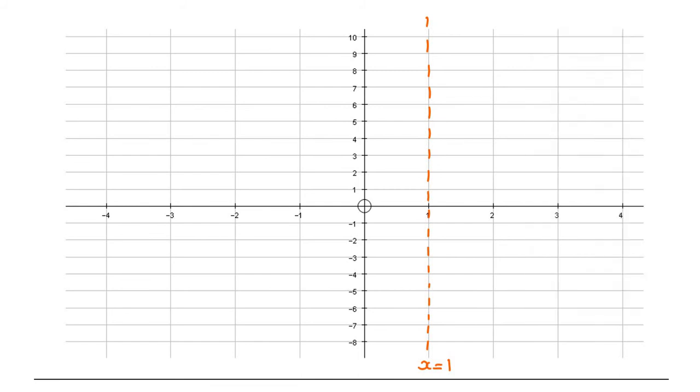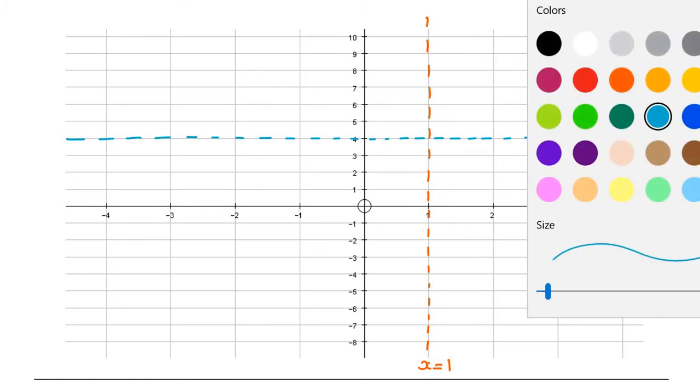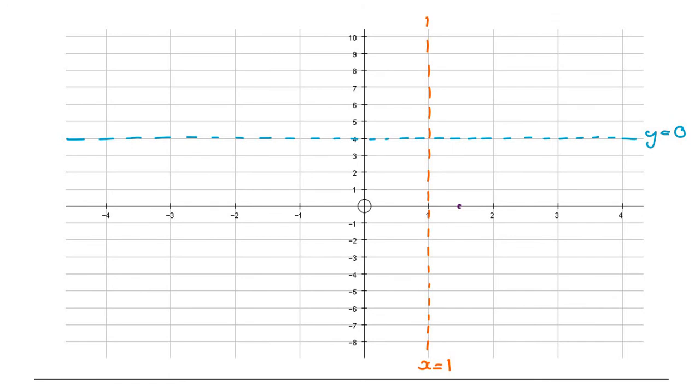Then we have y is equal to 4, which is my horizontal asymptote, which I'm going to label. And then I had x is 1.5, so you kind of guesstimate where it is. You can write 1.5. Don't forget that if something's an intercept, you don't have to write both coordinates.